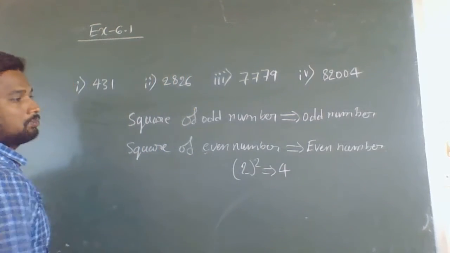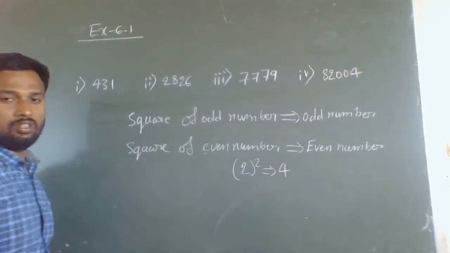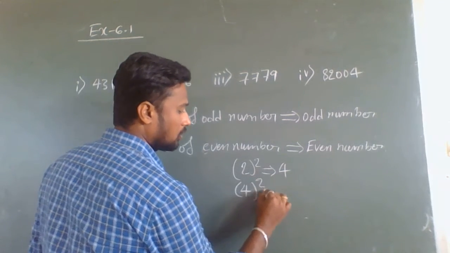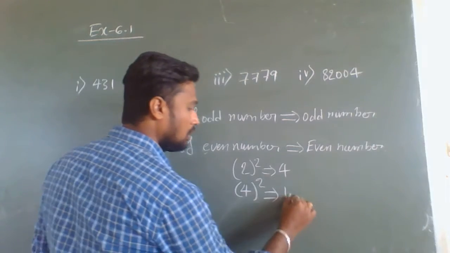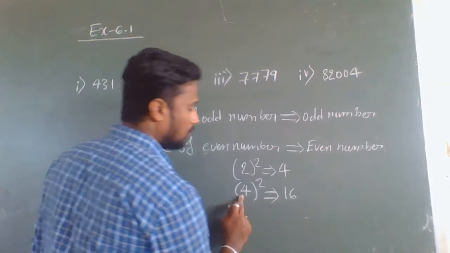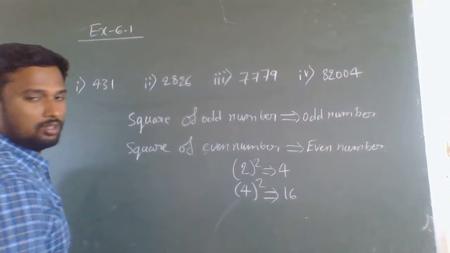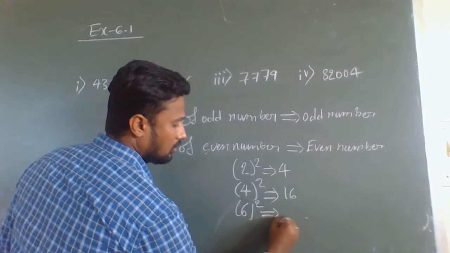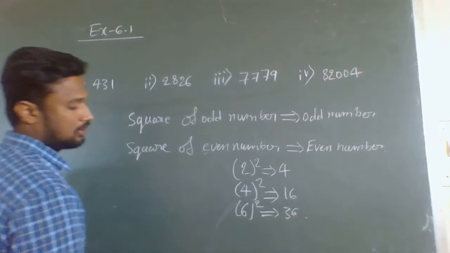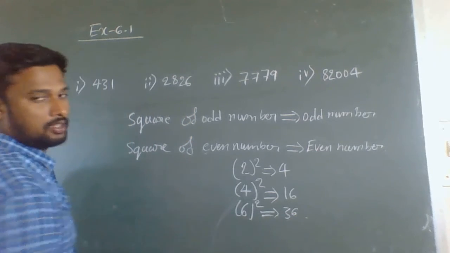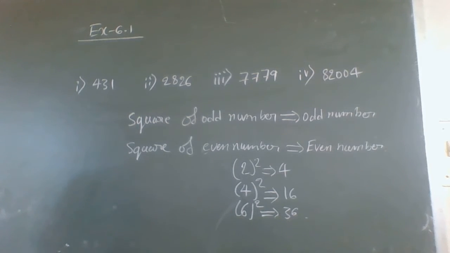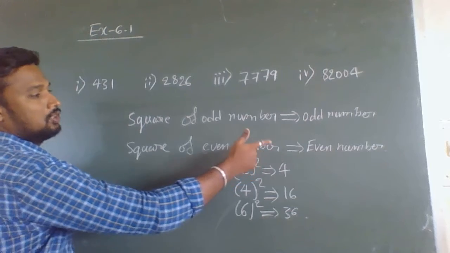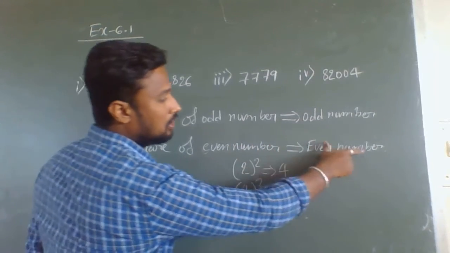Here 2 is an even number and 4 is also an even number. Next I will consider 4. 4 square: 4 into 4 is 16. 4 is an even number and 16 is also an even number. Next 6. 6 square means 6 into 6, 36. So 6 is an even number and 36 is also an even number. So what we got to know is that the square of an even number is always an even number only.